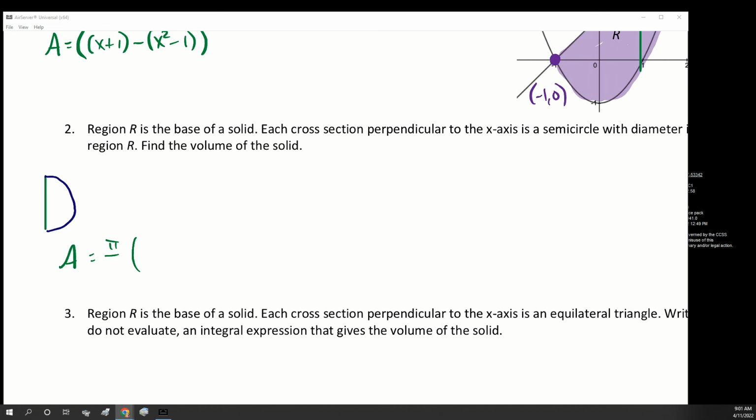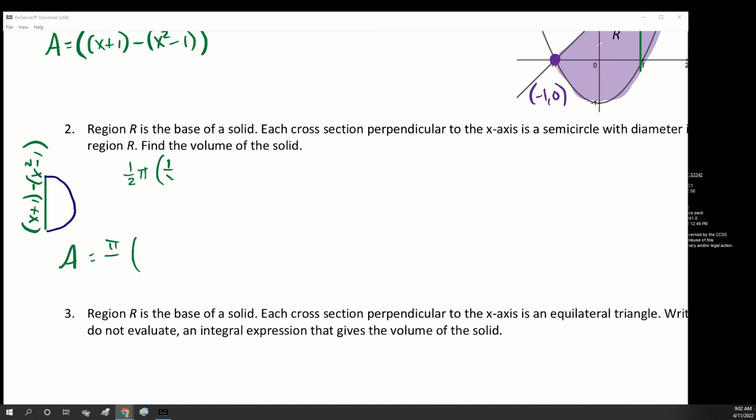So a semicircle is 1/2 pi r squared. So 1/2 pi. What is r in this case? Oh, sorry. Our diameter I didn't write. Same diameter as the base last time. So what would the radius be?